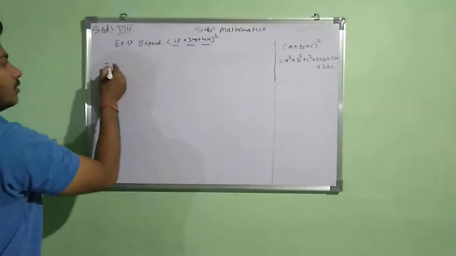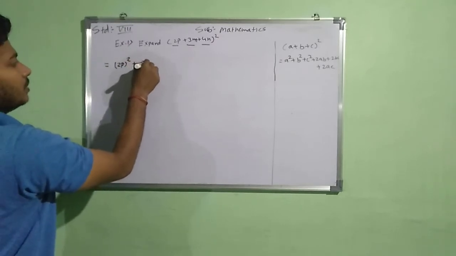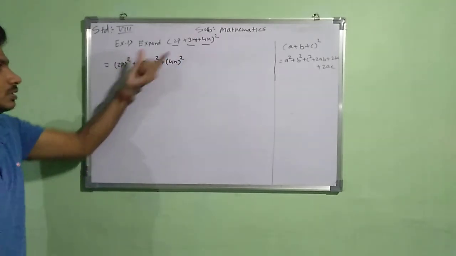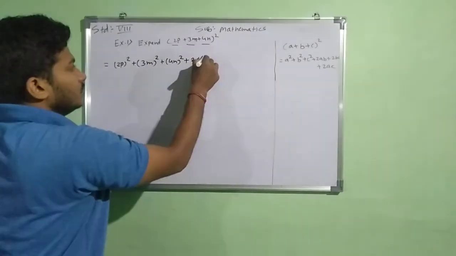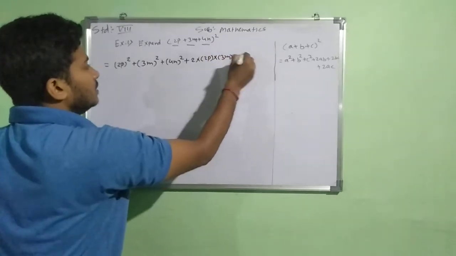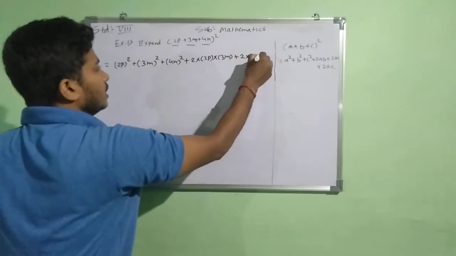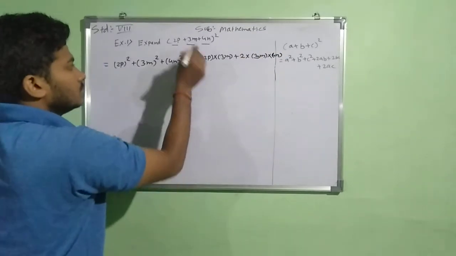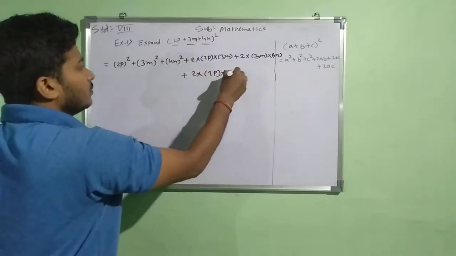So we have to write according to the formula: (2p) square plus (3m) square plus (4n) square, that is square of all the three terms, plus 2 multiplication first into second, which is 2 into 2p into 3m, plus 2 multiplication of second and third term, which is 2 into 3m into 4n, plus 2 multiplication first and third term, which is 2 into 2p into 4n.